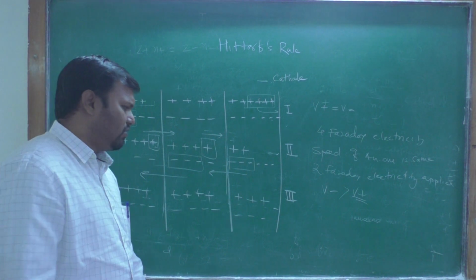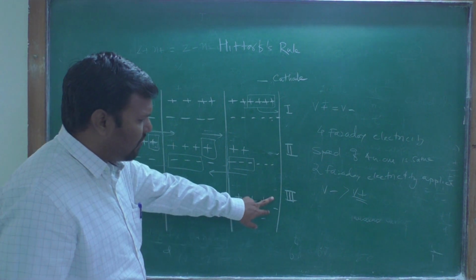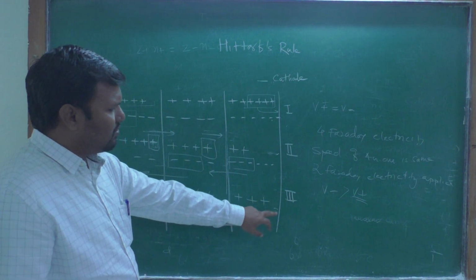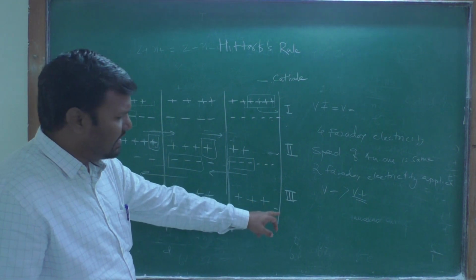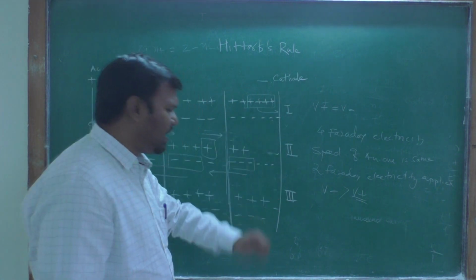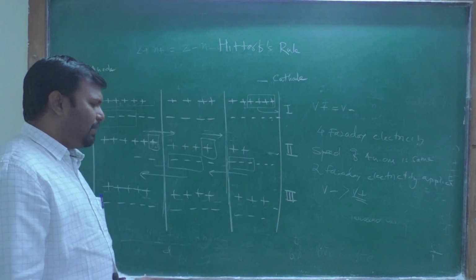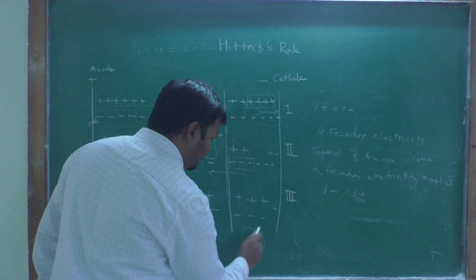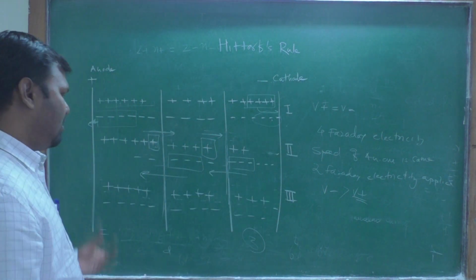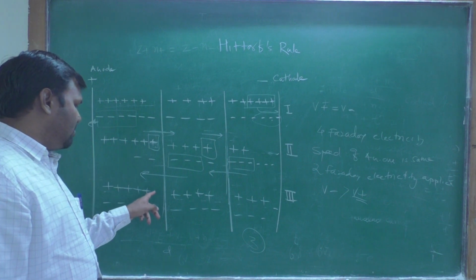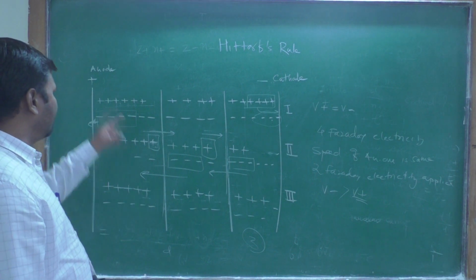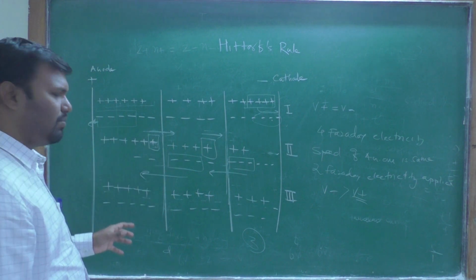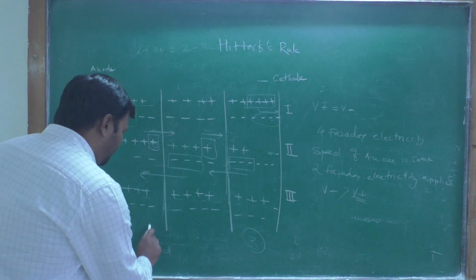Okay, therefore in this case, you find the change in anion in the cathodic compartment. When you compare, at the start it was 6, therefore 3 negative ions are less. The change in the cation in the anodic compartment is 1.